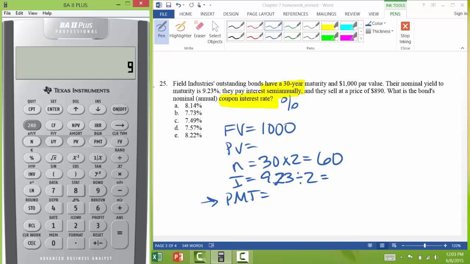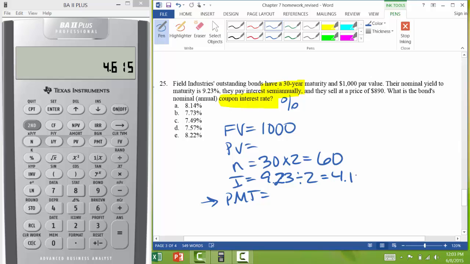So 9.23 divided by 2 is 4.615. The present value says that they currently sell at a price of $890.